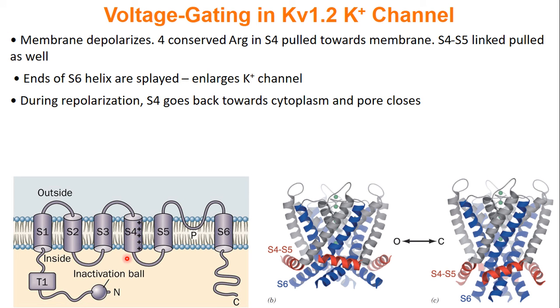What happens is that when you have the depolarization, that is, we have our sodium channel open, sodium goes from outside the cell to inside the cell. So the inside is now positive. On the 4th helix here, you have 4 arginine residues. These are positively charged. So they move away from the charge on the inside, because that's positive now, and they move towards the outside membrane.